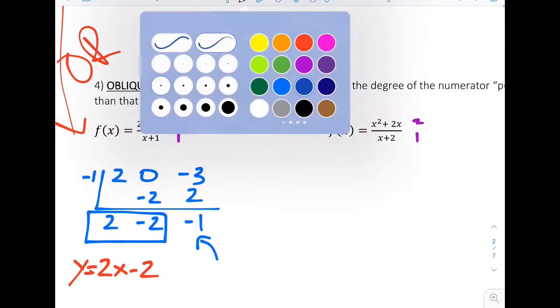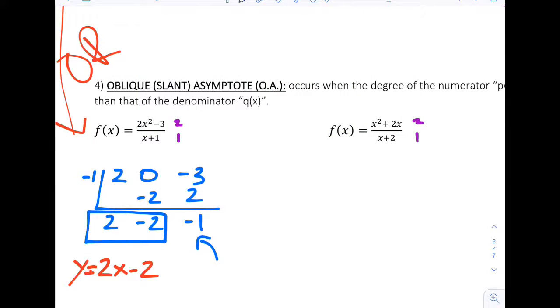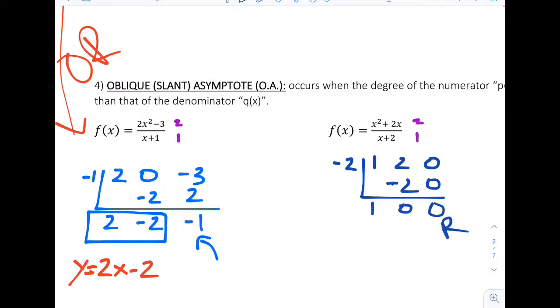If I wanted the equation of the oblique asymptote, I would divide. If I was to use synthetic division, 1, 2, and there's no constant, so I'll put 0 as its placeholder, 2, -2, 0. And in this case, we have 0 remainder, but our equation is y is equal to 1x plus 0, or just y is equal to x.